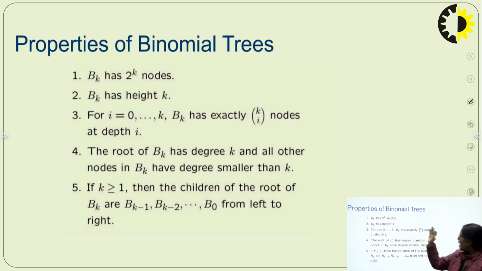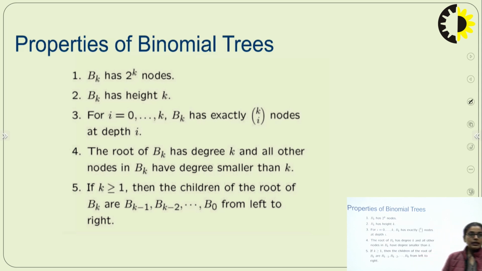Fourth, the root of Bk has degree k and all other nodes in Bk have a smaller degree than k. Fifth, if the value of k is greater than or equal to 1, then the children of the root of Bk are in the order Bk minus 1, Bk minus 2, Bk minus 3, up to B0, from left to right.